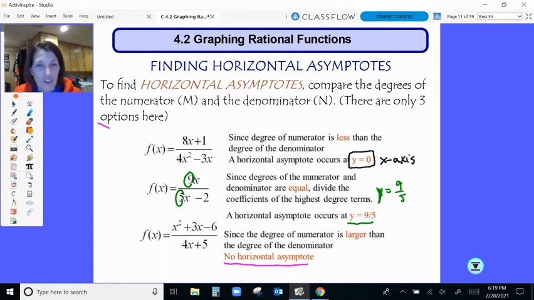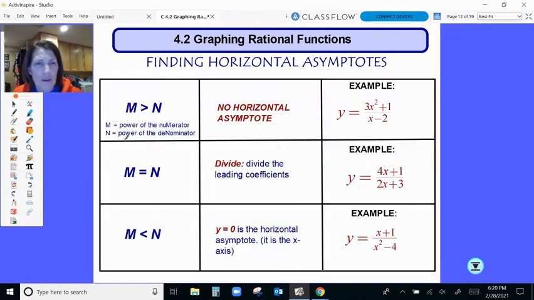Again, if the numerator is smaller on top than the bottom, it's the x-axis, y equals 0. If it's bigger on top than on bottom, it's no horizontal asymptote. If they're equal, then we divide the leading coefficients. Here's a little table for that. If m is the power of my numerator, and I remember that m is for the numerator, n is the power of the denominator, so I remember that n is for the denominator.